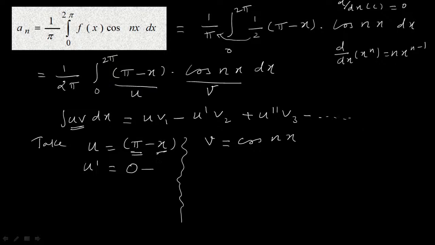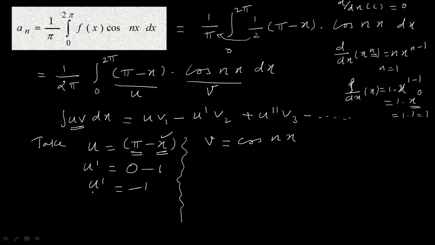Minus x: here n is equal to 1, so 1 times x power 1 minus 1, that is 1 times x power 0, and anything power 0 is 1. So 1 times 1 is 1. Am I right? So d by dx of x is 1, and here u dash is equal to minus 1.